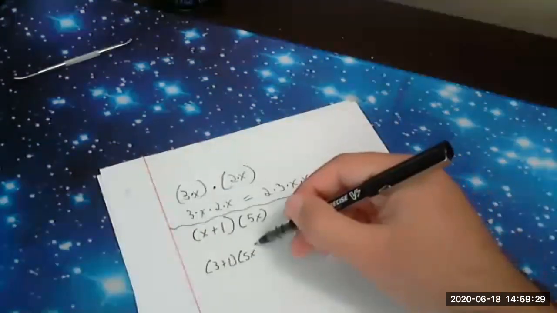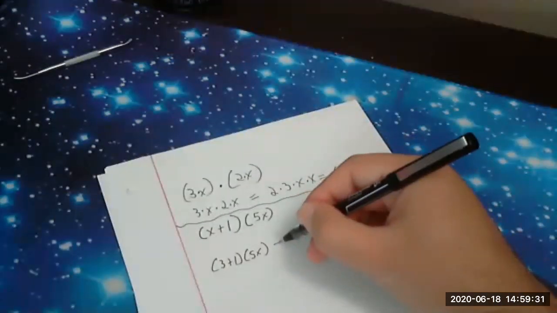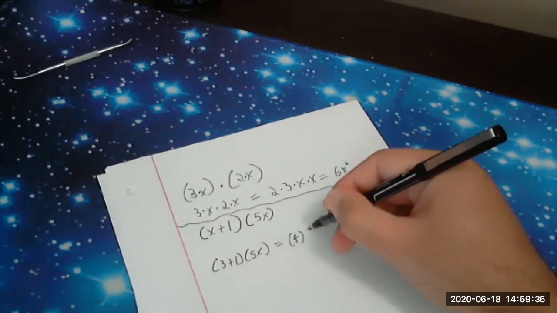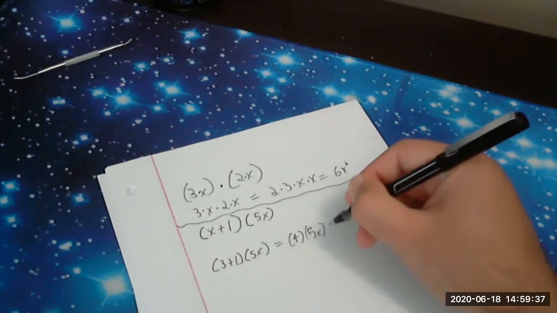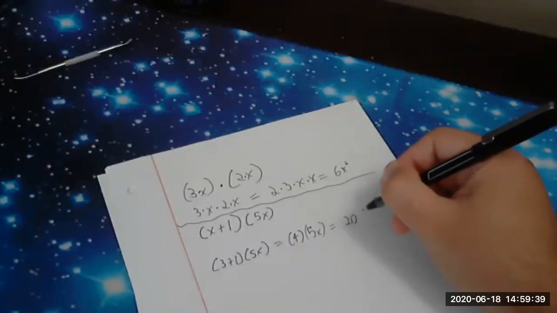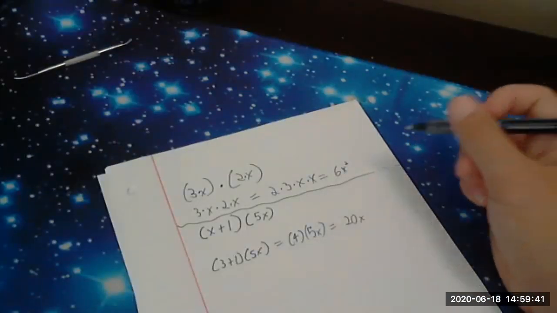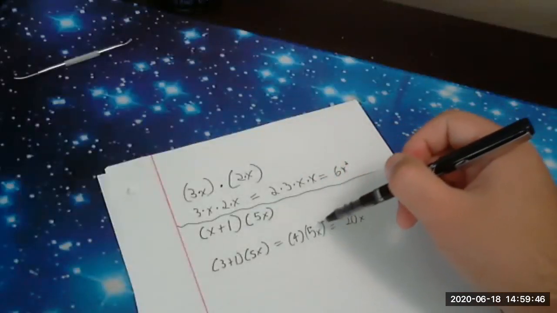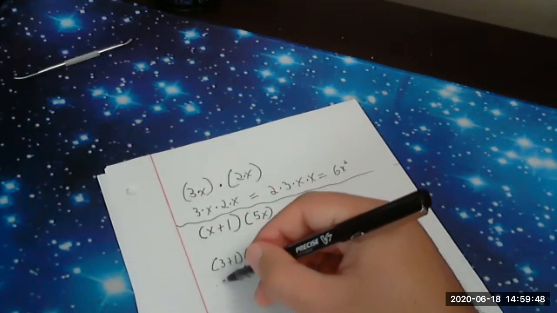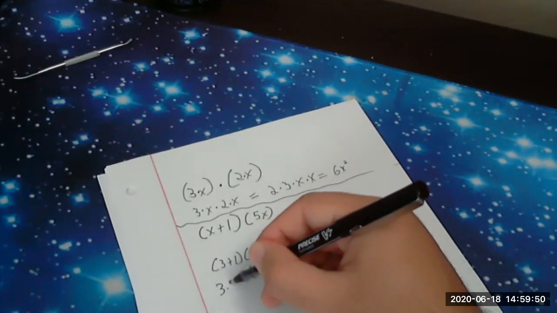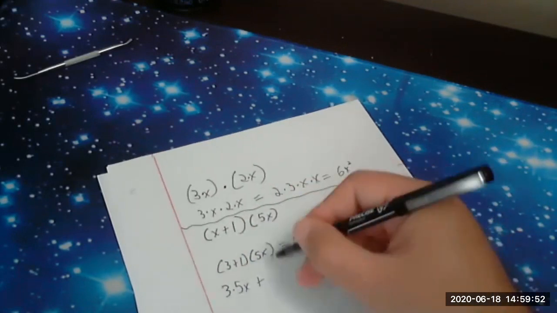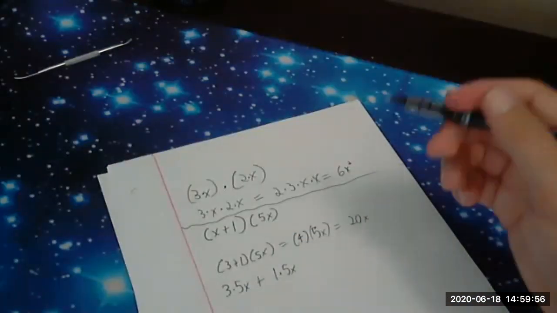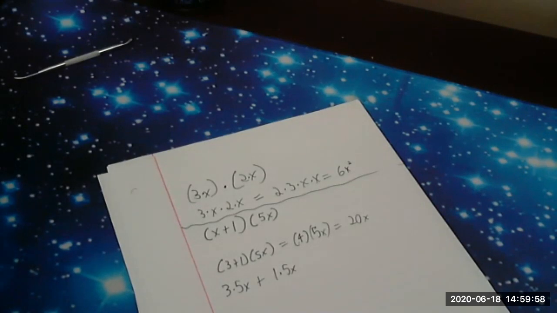Yeah. So in this case, you could combine it and it would be 4 times 5x or 20x. So another way you could write that before going into this step is 3 times 5x plus 1 times 5x. Remember, you have to distribute things.